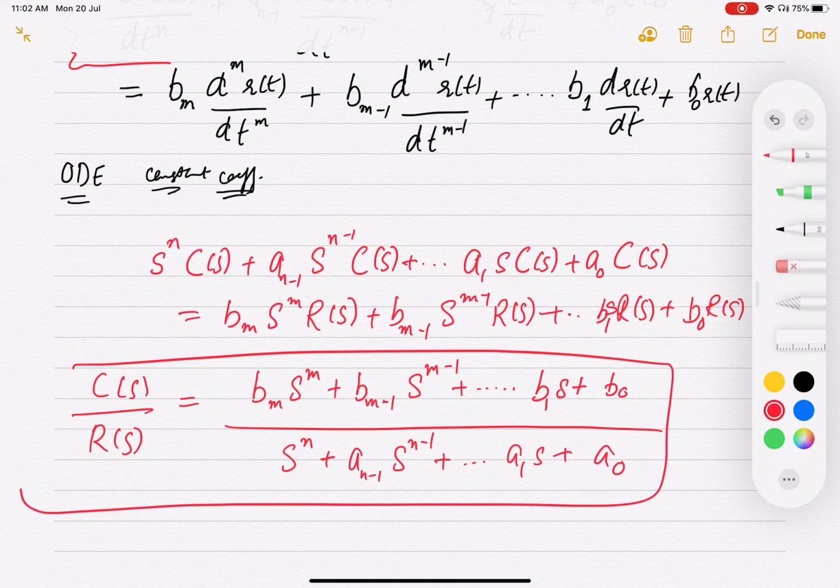So this is the transfer function representation of this general differential equation. Okay?